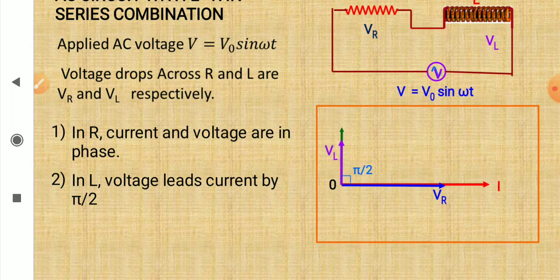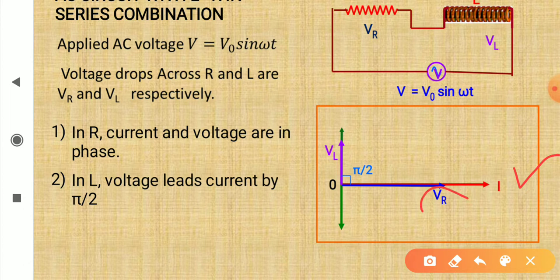So look at it, VL is ahead of I. If this x-axis shows current I, then the voltage across the resistance will be in the same phase, but the voltage across the inductor will be ahead of it by pi by 2. And now we have two voltages, VL and VR, and we have to find out their vector sum.